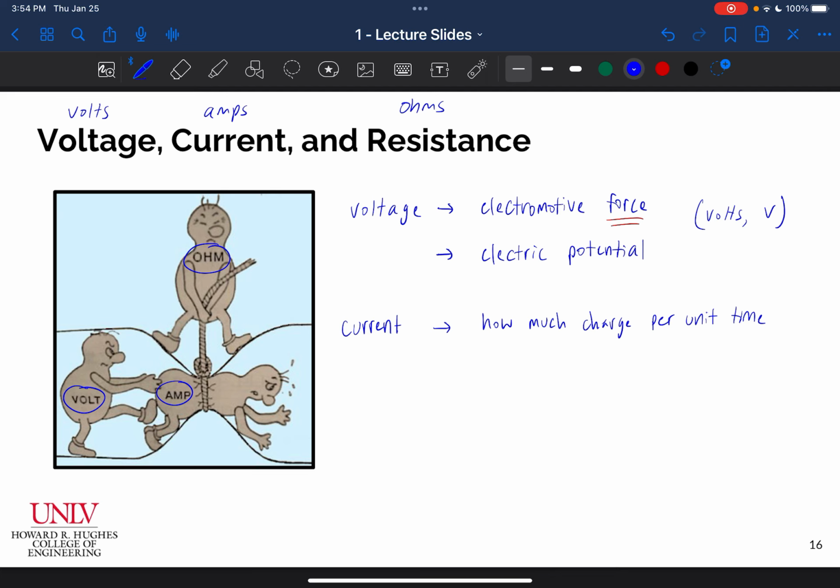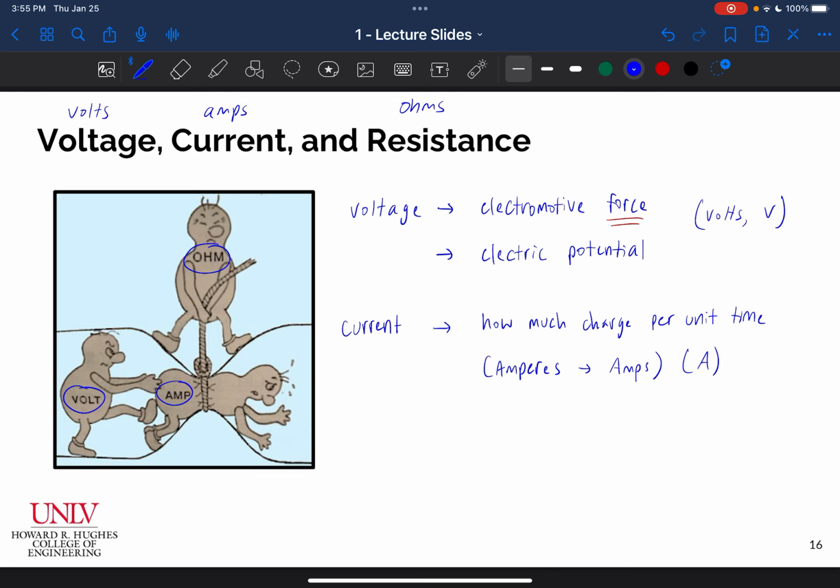So let's just say I have 1 coulomb of charge flowing through some cross-section of wire in 1 second, that would be 1 amp of current. It's amps, which is really amperes, shortened to amps. Ampere is somebody's name. And then it's also just the letter A when we write it out in shorthand.